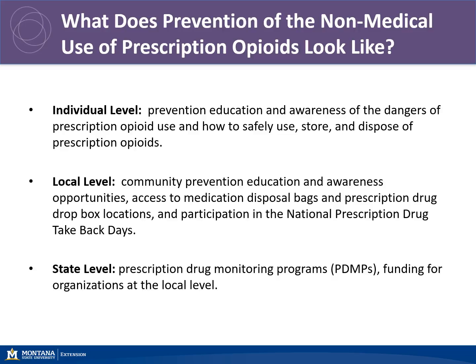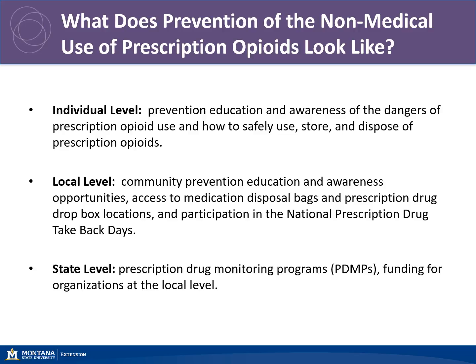At the state level, increase and maximize the use of prescription drug monitoring programs, or PDMPs, which are state-run databases that track prescriptions for controlled substances and can help improve opioid prescribing, inform clinical practice, and protect those at risk.